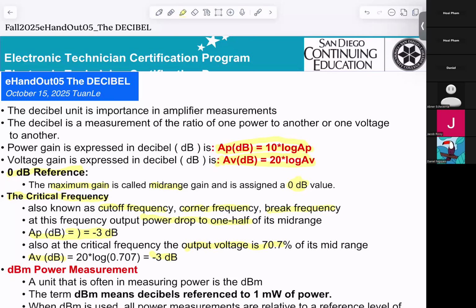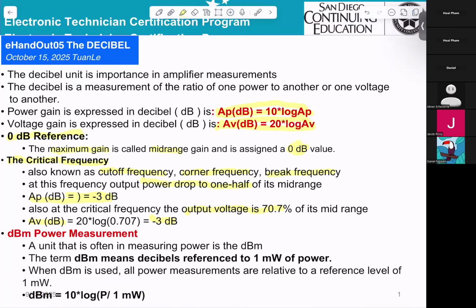dBm, a power measurement. A unit that often measures power is the dBm. That means they're talking about a unit in dB. dBm is referenced to 1 milliwatt of power. That's the definition.